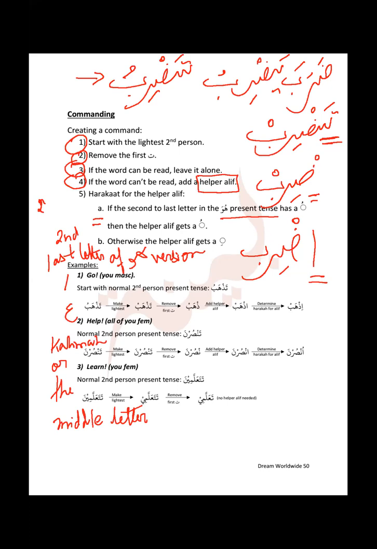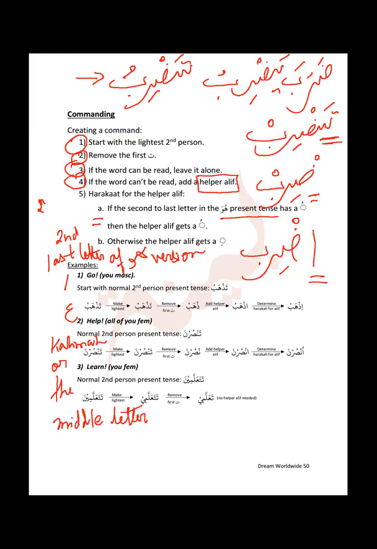Once we're doing sarf, inshallah, Ustad will teach us how to take out root letters. It is easy, but we haven't done it formally yet. Once we know the root letters, we can know which is the first letter, which is the second or middle letter, and which is the last letter. So, inshallah, in that way, we'll know the haraka of which letter we have to see.